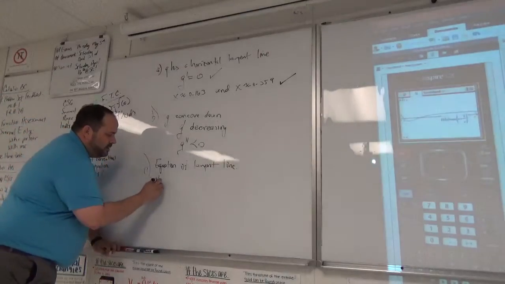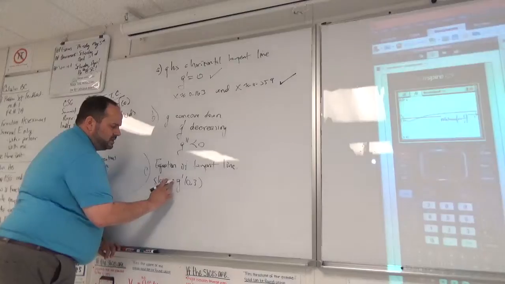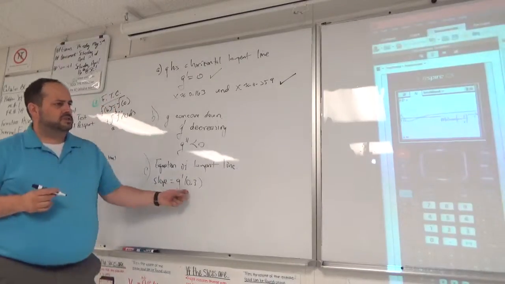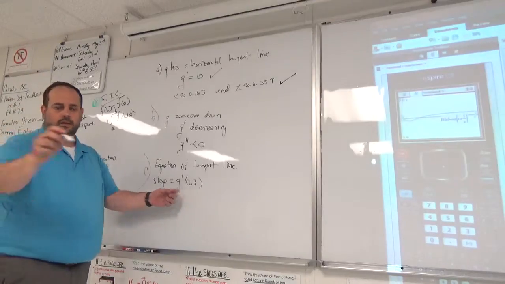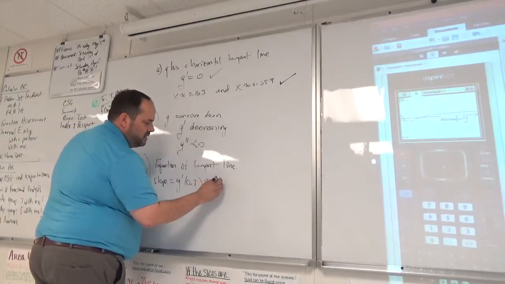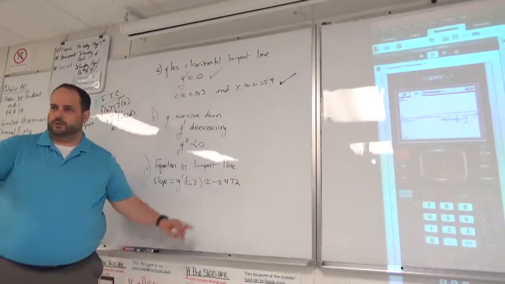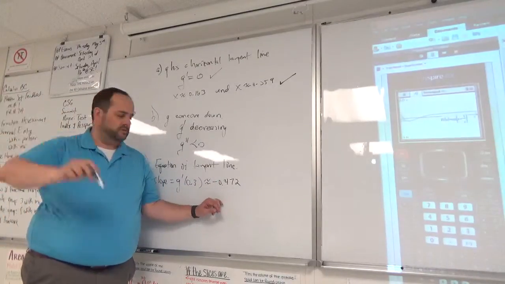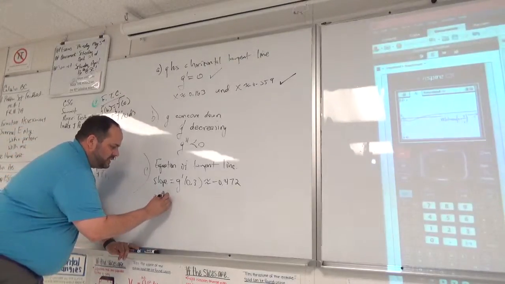The slope is just going to be G prime at 0.3. Chris, did you get G prime at 0.3? I got negative 0.4721. Eunice, you got negative 0.472? That's the slope. Great. But I also need the point.